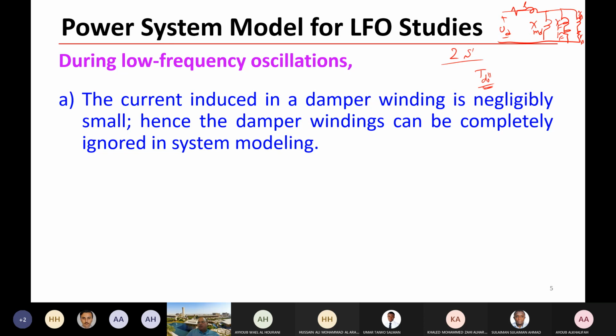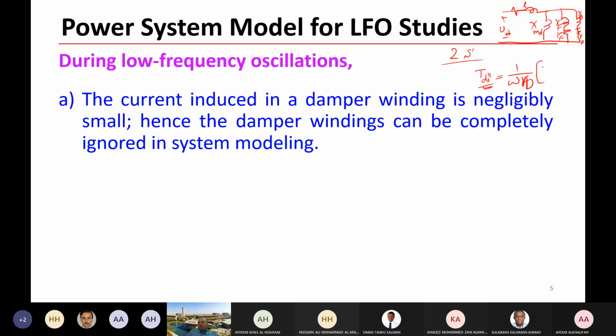So L over R. So what is L here? L here equal to X over omega or whatever. And you can express it as X over omega, which is L, and RD capital. What do we have here?